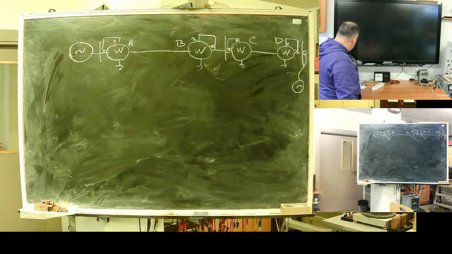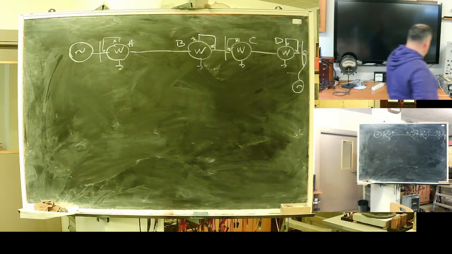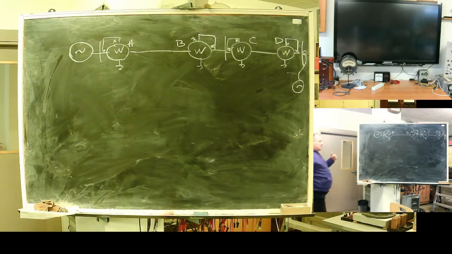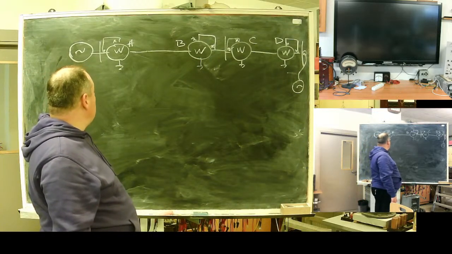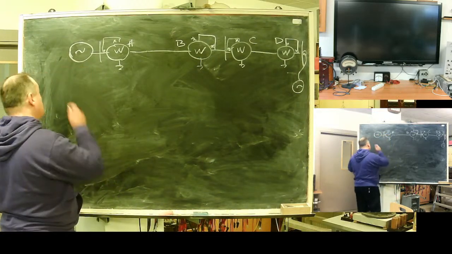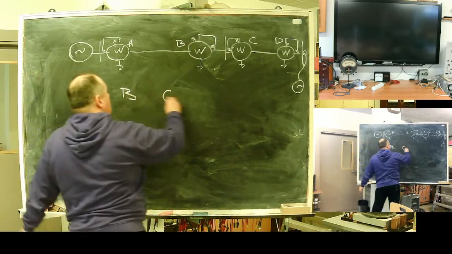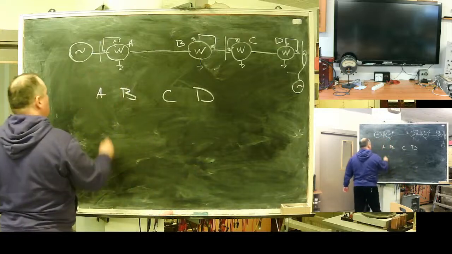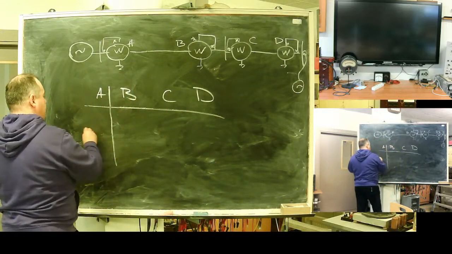Assuming power is positive if current flows in, if voltage is in. What will I get? So, I will do a nice table.